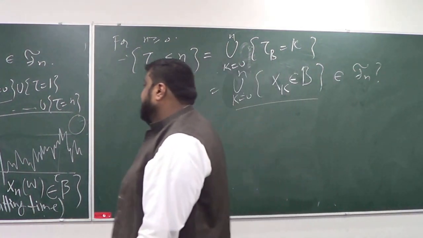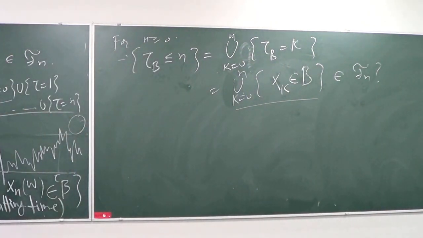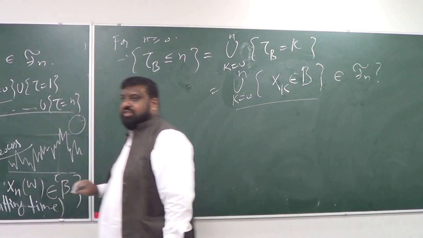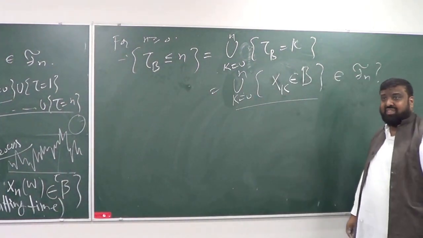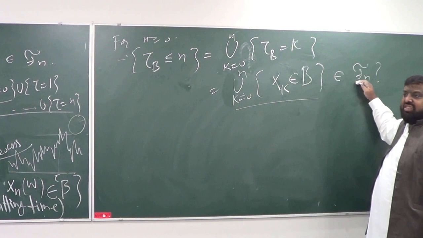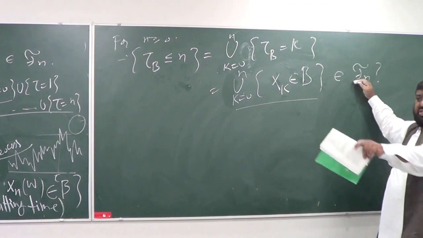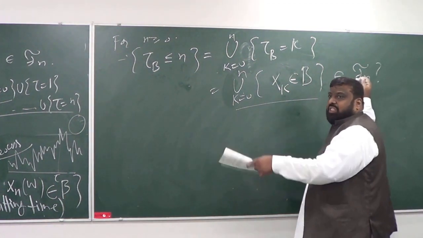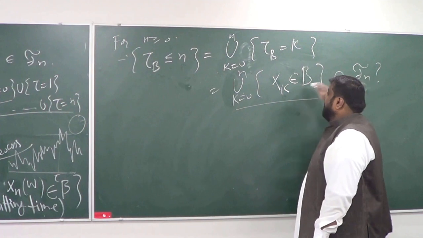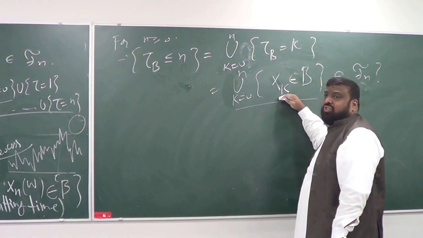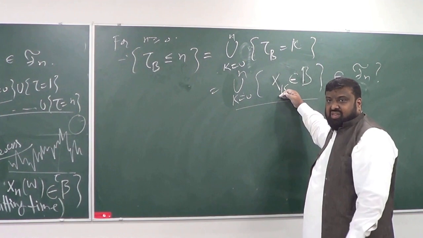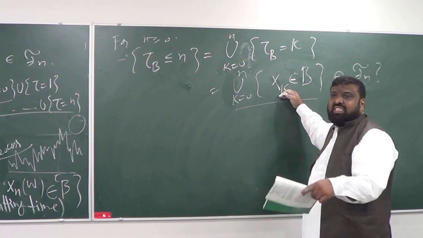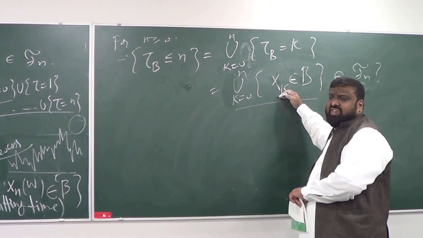I should say that it's an adapted process. If it's an adapted process, what does it mean? The filtration Fn knows everything about the process X up to the time n. So X0 belongs to B is going to belong where? In F0, but F0 is a part of F1 and hence Fn.